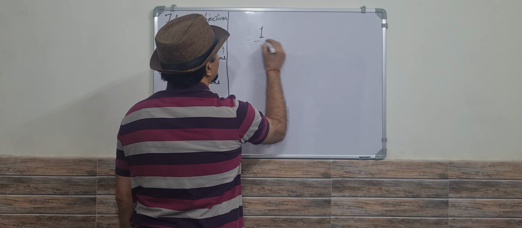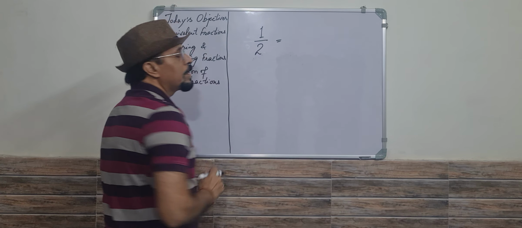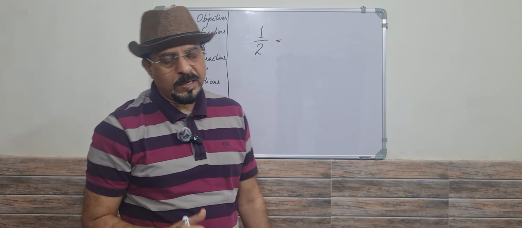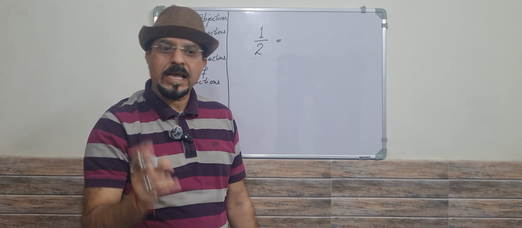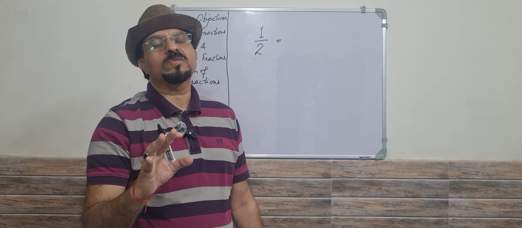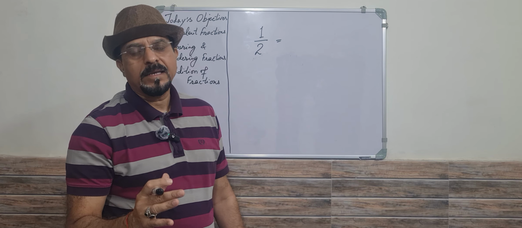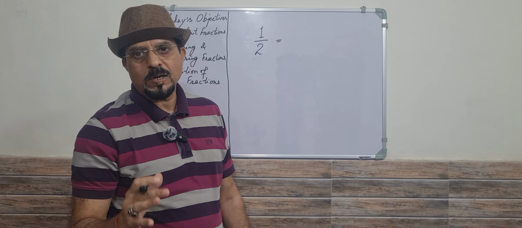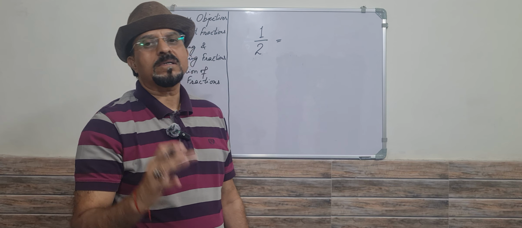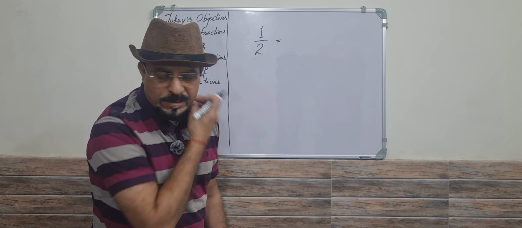Suppose 1 by 2 was the fraction taken earlier. I told you that if I divide the numerator and denominator of a fraction by the same number, it does not make any change to the fraction. Similarly, if I multiply the numerator and denominator by the same number, it does not make any change to the fraction.